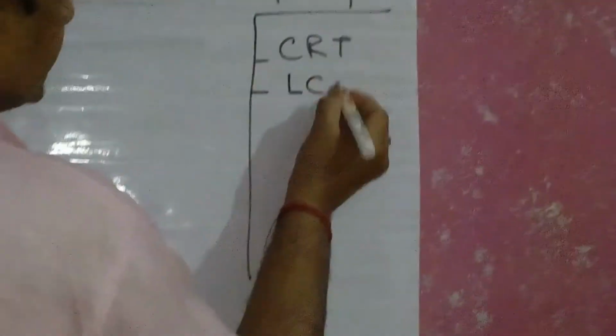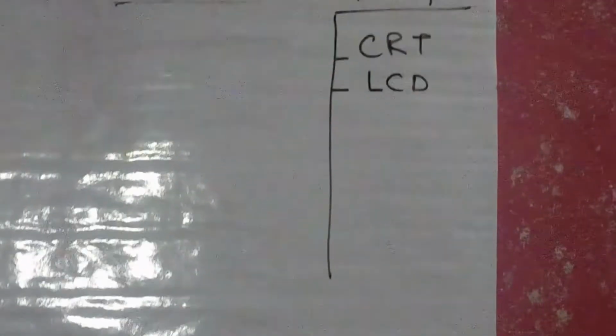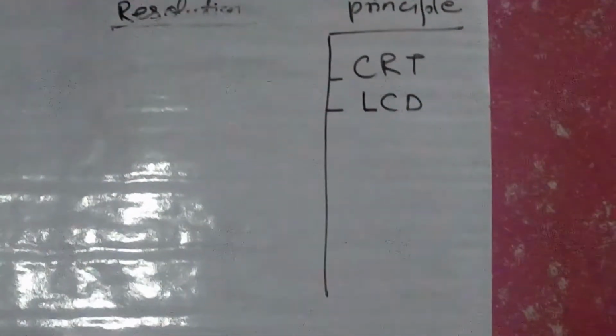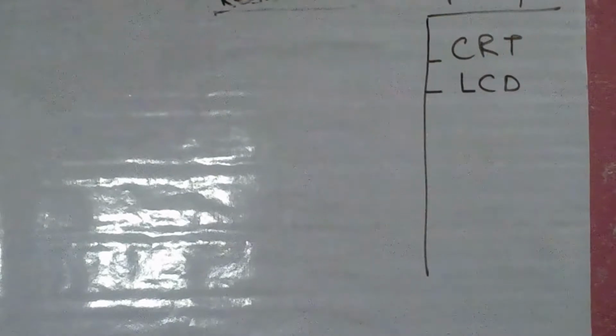Second is LCD. LCD is liquid crystal display. Here, instead of electron beams, a glass utensil is filled with a viscous liquid, and when electricity is passed through that particular liquid, particles of that liquid glow, and from their glow it represents the information on the screen.